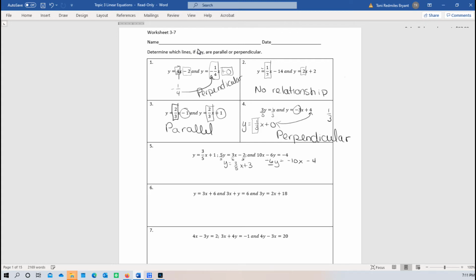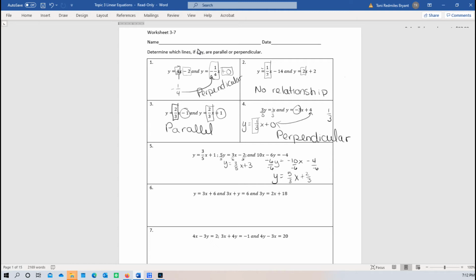Then I'm going to divide everything by -6, which is going to reduce down to y equals +5/3 x, and this is going to be a +2/3.